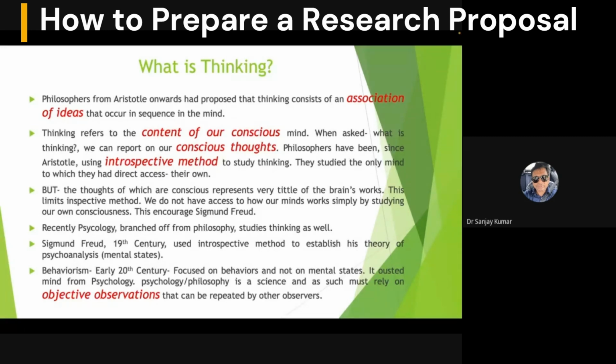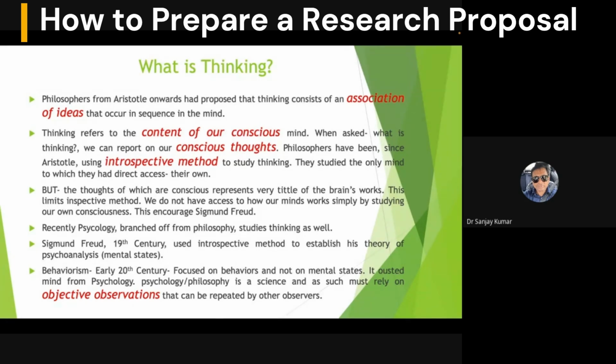It was like armchair philosophy, sitting in the chair and just speculating or thinking about the problem and its solutions. Philosophers from Aristotle onwards proposed that thinking consists of an association of ideas that occur in sequence in our mind. So what was thinking? Thinking is a kind of association of ideas, and thinking refers to the content of our conscious mind.